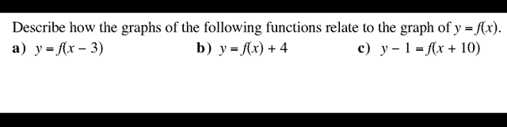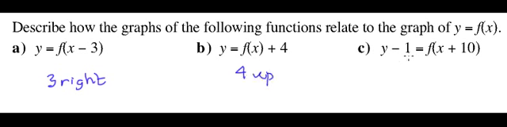For example, number 2, now they're doing the plug-in for us and they're just asking for the effect. X minus 3 is going to be 3 units to the right. It's inside the function. That tells you it's horizontal, and minus means to the right. Plus 4, this is outside the function, so it's vertical, so it's going to be 4 units up.